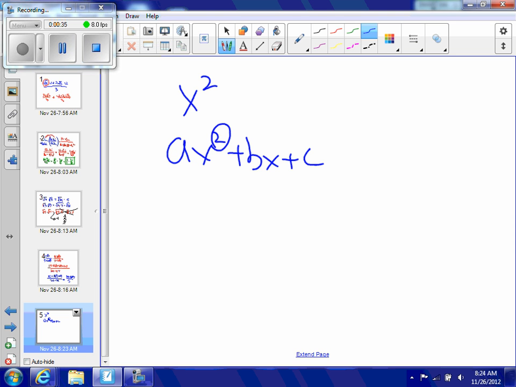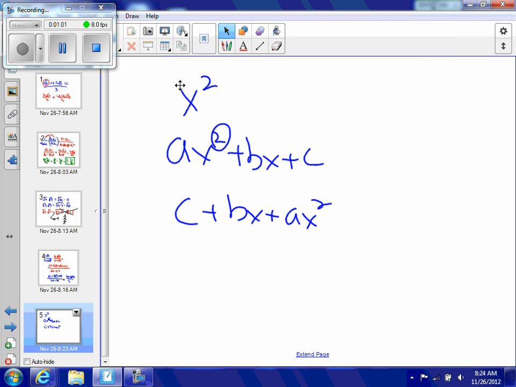Even if it's c plus bx plus ax squared, it doesn't matter where in the expression it is, it's going to be a parabola. Standard form dictates that the highest power of x goes to the left and the lowest power of x goes to the right.